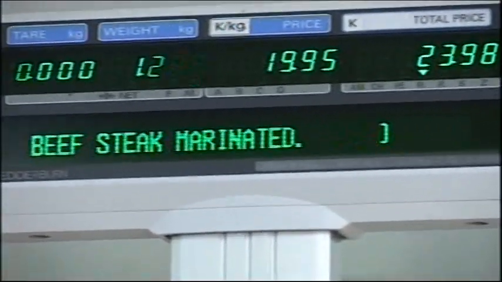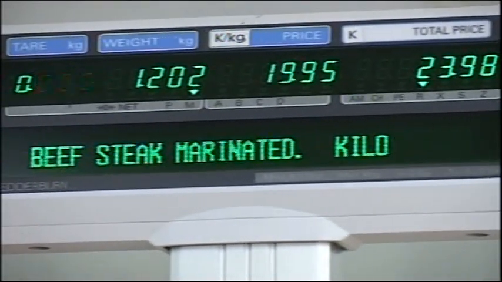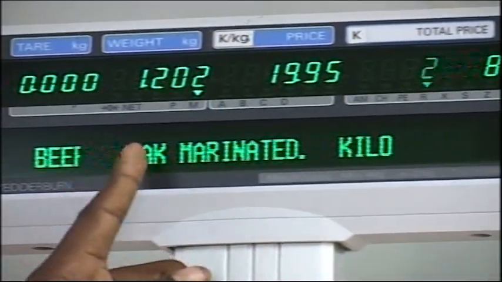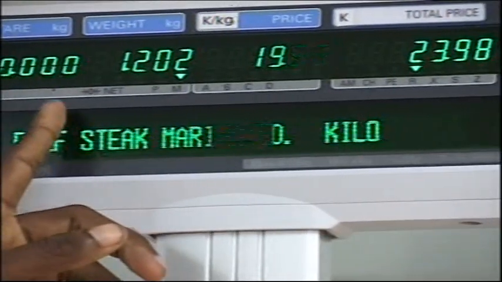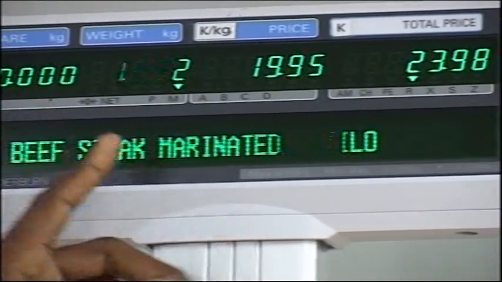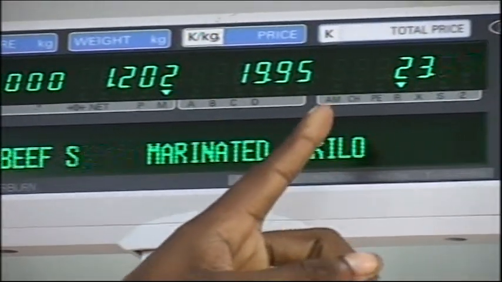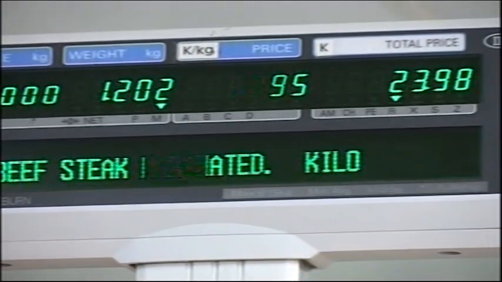The weight of the 6 steaks is 1.202 kilograms, as you can see on this scale here. And the cost of it is 23 kina 98 toea.